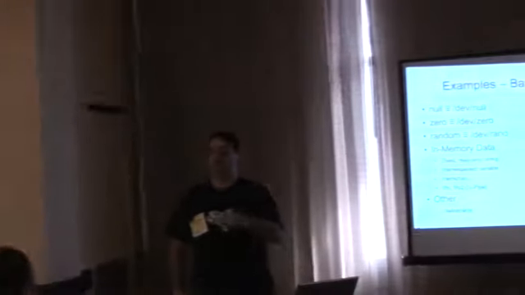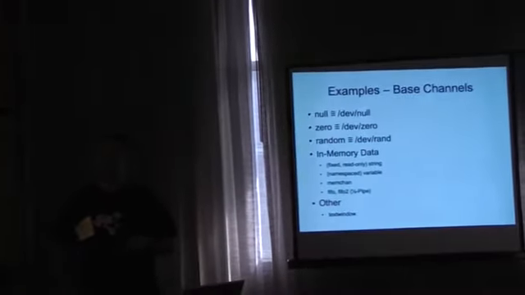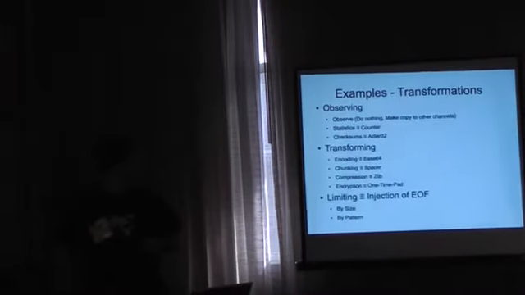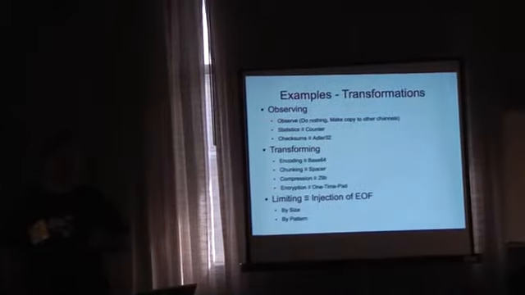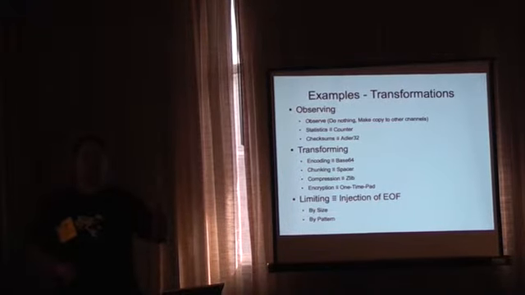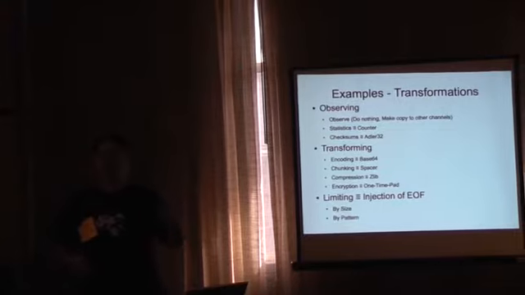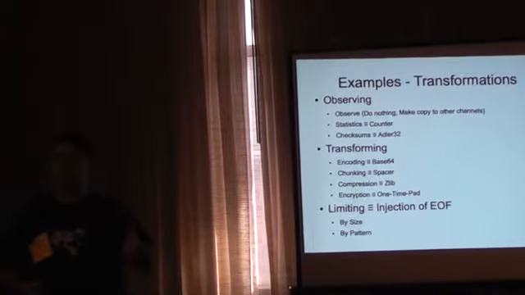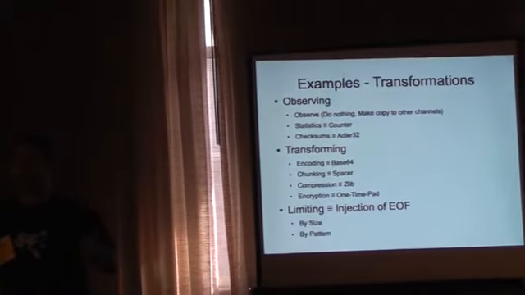And then transforming, like doing encodings or to impose chunks on the data which were not before, or remove such chunks. Then compression, encryption stuff, things like that. And we also can basically create transformations which limit the input, artificially inject some end-of-file condition based on patterns or the size of the data, things like that.